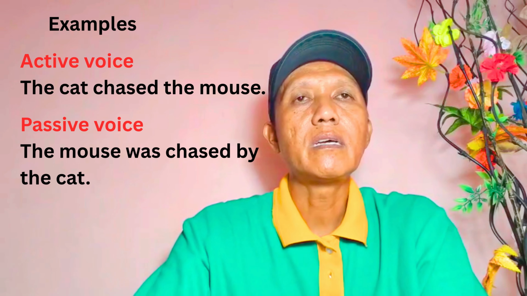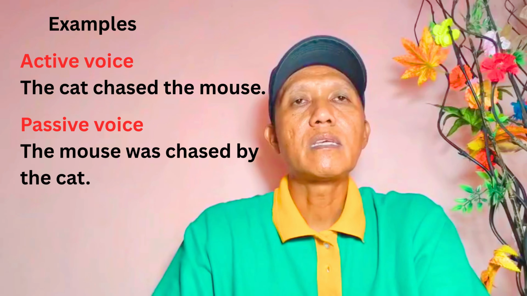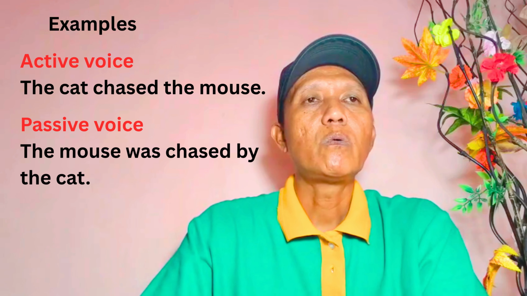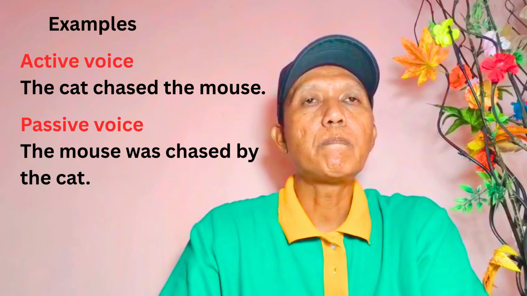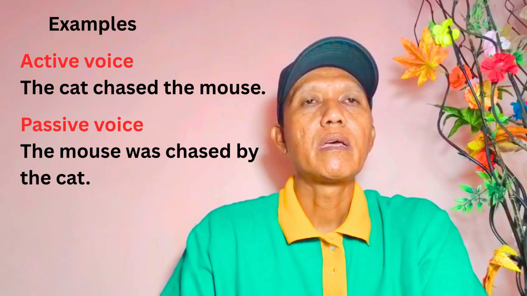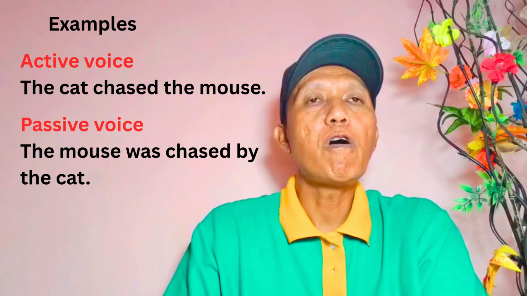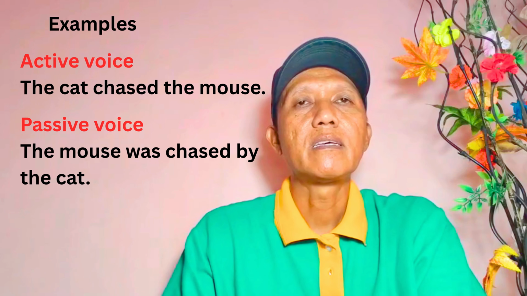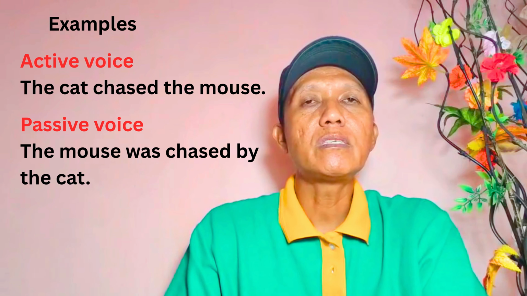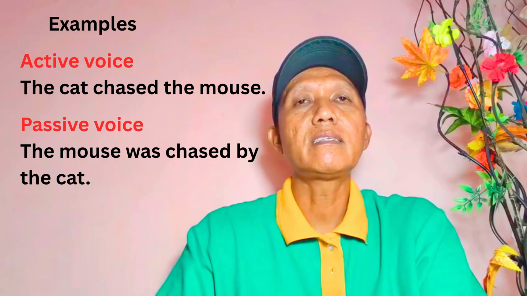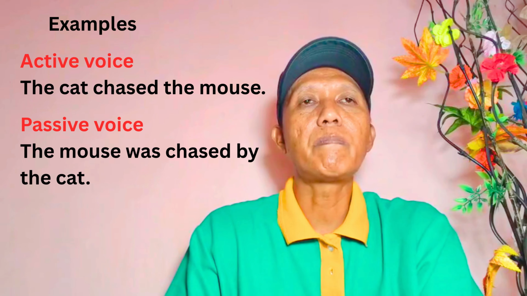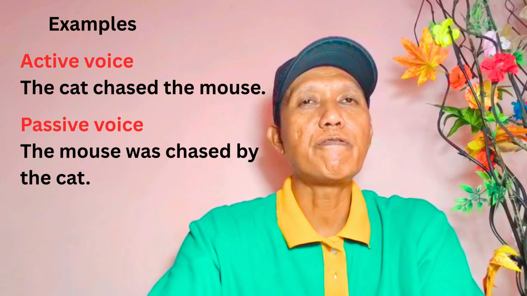So we add was after mouse, and we use the past participle chased, and we add by plus the performer, the cat. So the cat chased the mouse in the active sentence becomes the mouse was chased by the cat in the passive form.